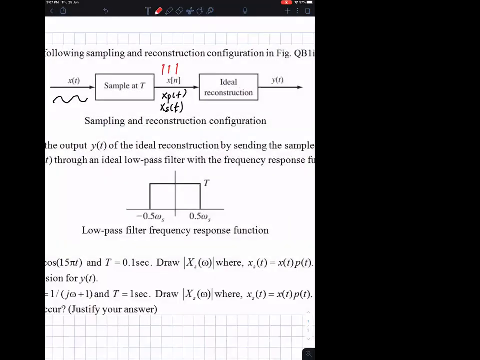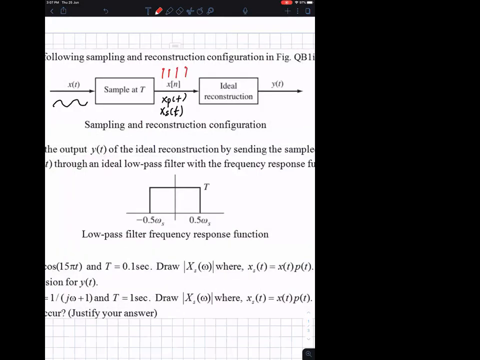something like this. Then you go through the ideal reconstruction, let's say a low pass filter with the given bandwidth, and you get the output. After filtering, you might only get discrete samples. y(t) is the continuous time signal.